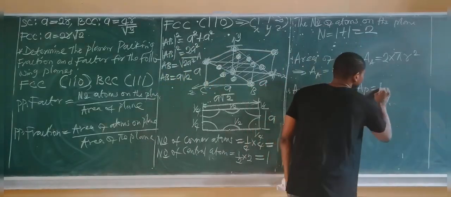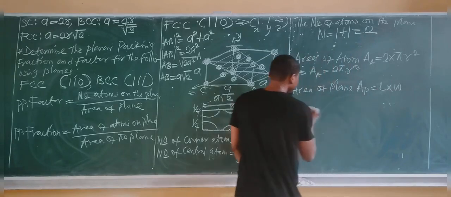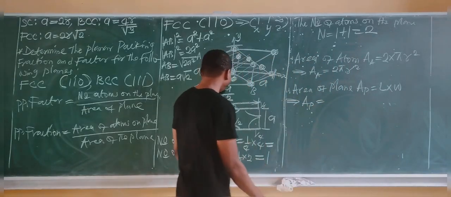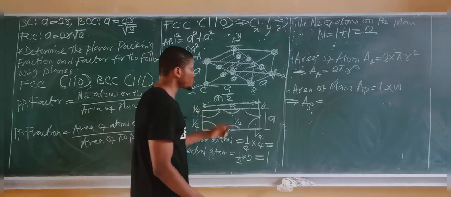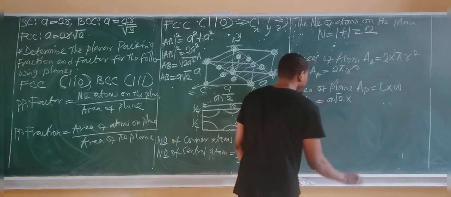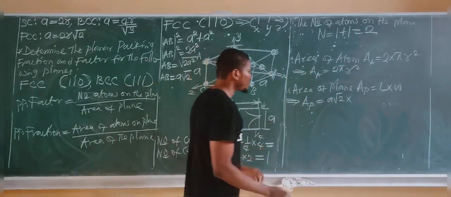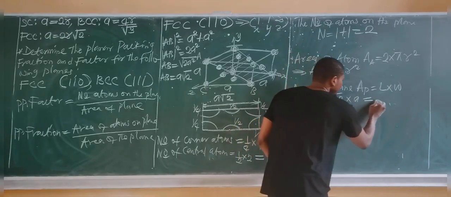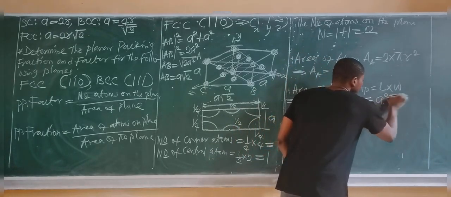The length is a root 2, multiplied by the width, which is a. This gives us a squared root 2.